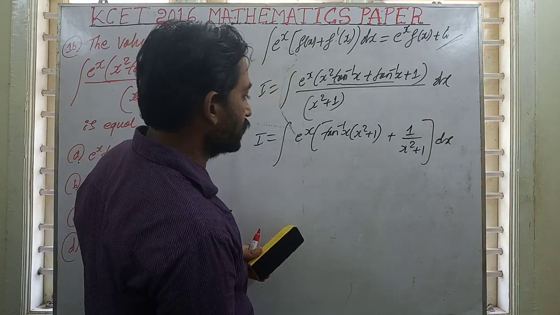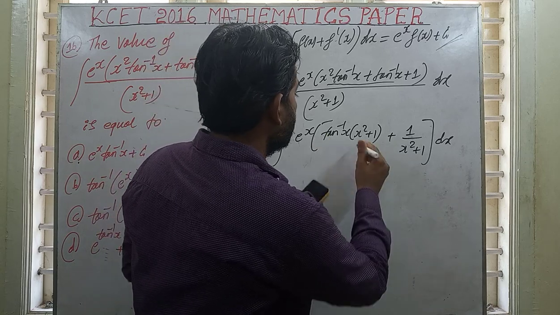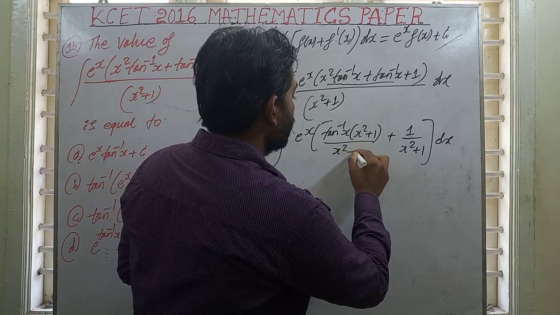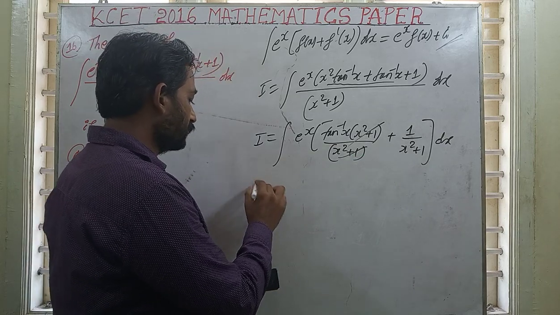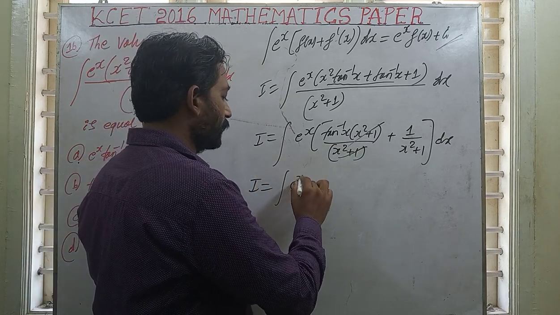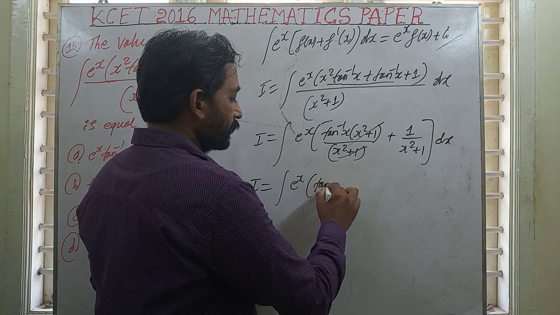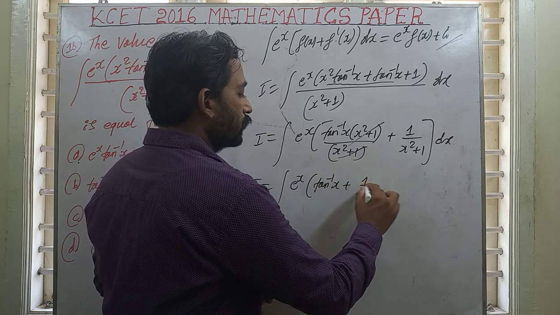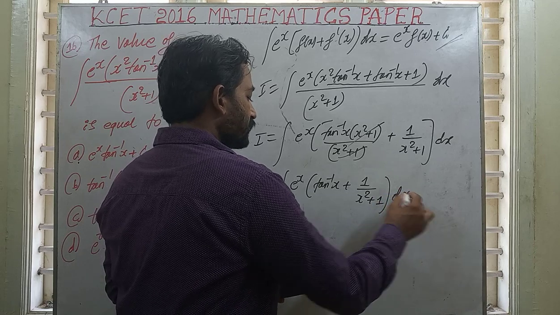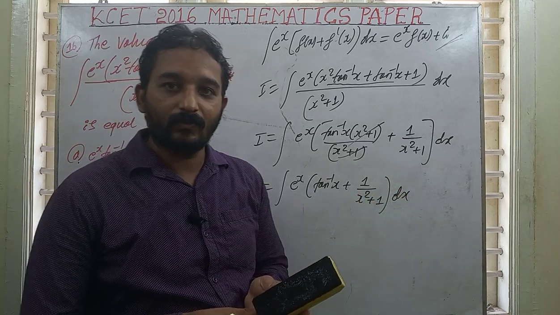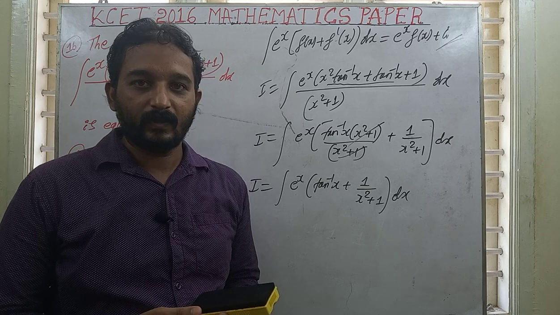Now tan⁻¹x times (x² + 1) divided by x² + 1, the x² + 1 cancels. In the next step it can be written as e^x times [tan⁻¹x + 1 divided by x² + 1]. We know that the differentiation of tan⁻¹x is 1 divided by 1 + x².